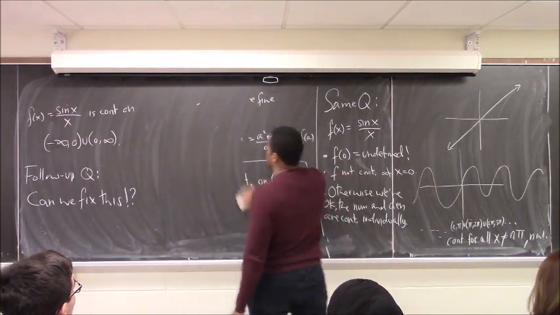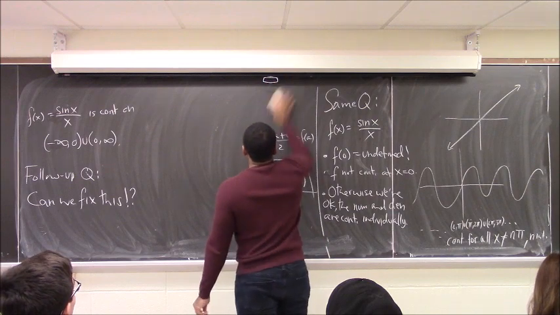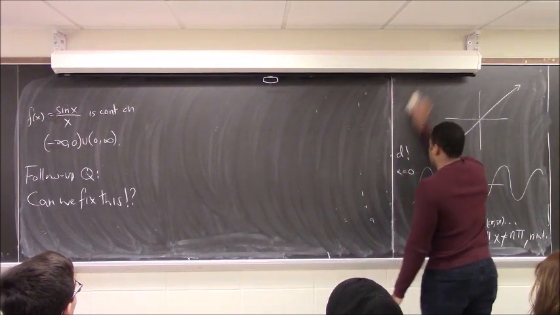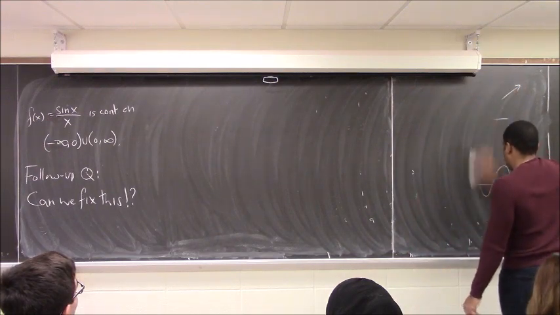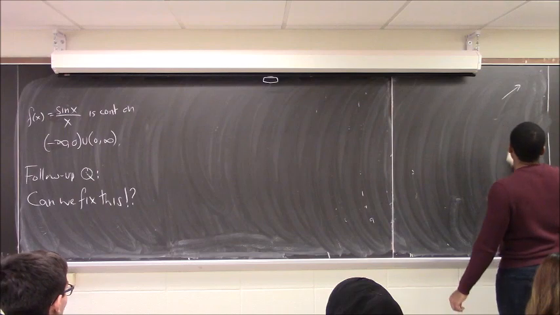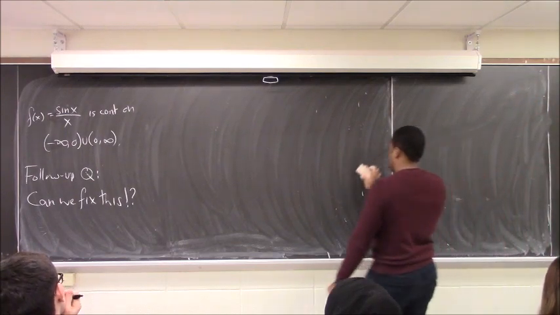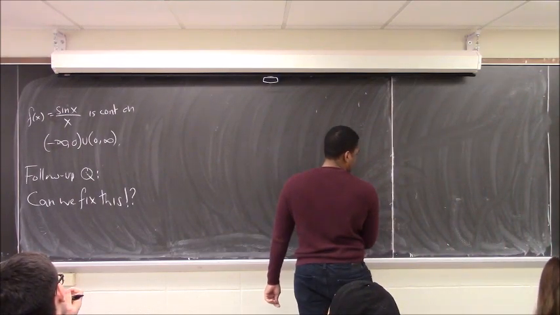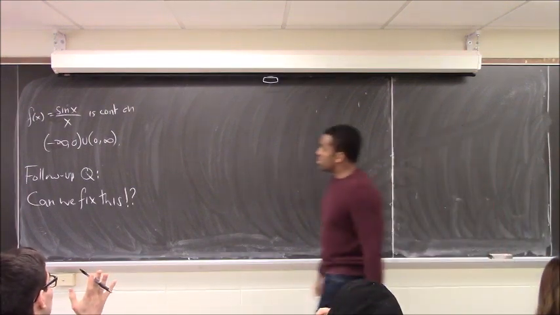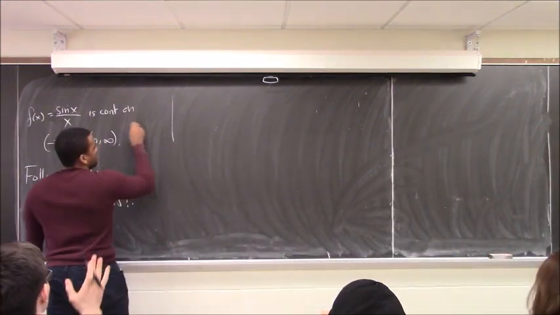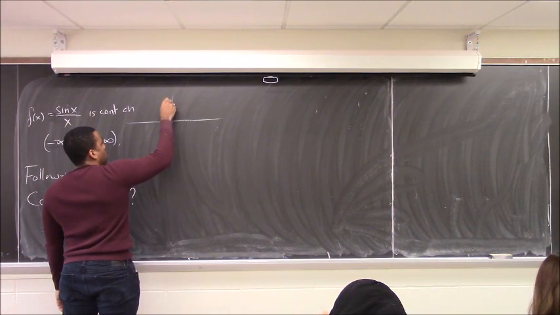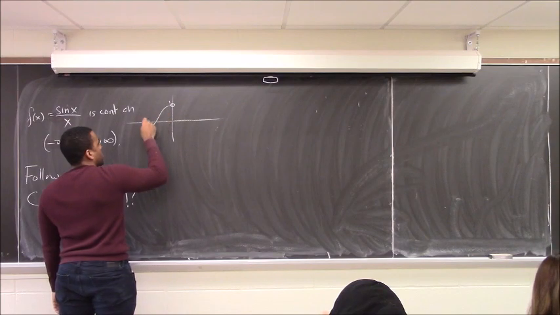Can you think of any way to fix that situation, to make the function even nicer than it already is? Right, so here's a function. You probably don't have to know what the picture is. So we know the limit is 1 as you're approaching the origin. It looks something like this.